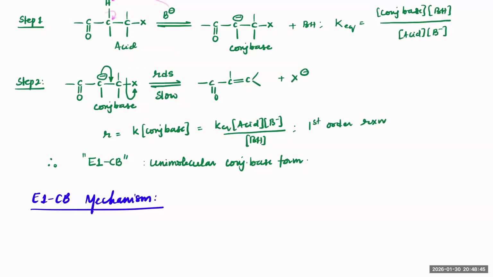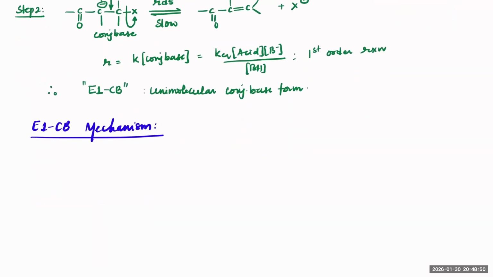Okay. Now, because this is a rate determining step, the stability of carbanion will always influence, correct? The stability of carbanion will influence the rate of the reaction. So we can write that as well.